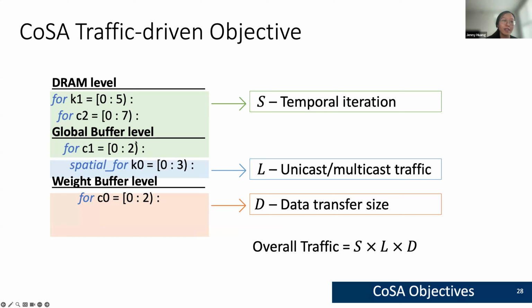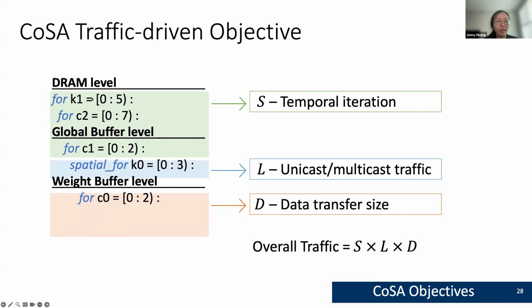Assuming C is relevant to my weight tensor, that means starting from this level, for every level outside of this, I need to multiply the traffic by the tile factor, because every time C changes, I'm loading a new weight. So the level at which you see the first relevant rank to the tensor of interest determines how much traffic we see for the overall calculation.